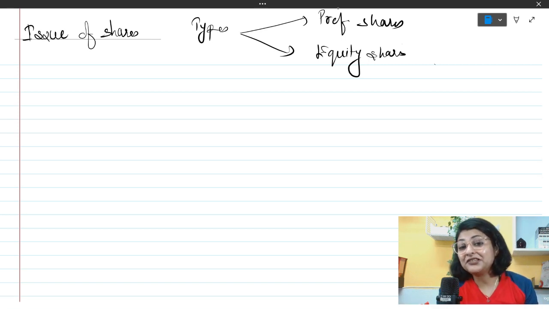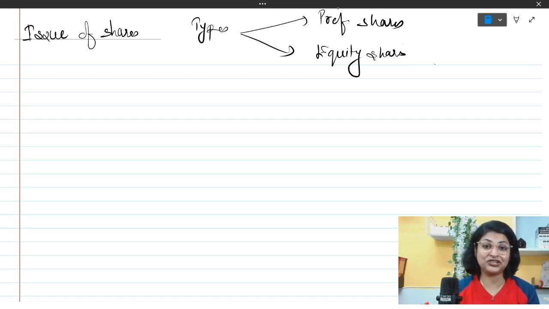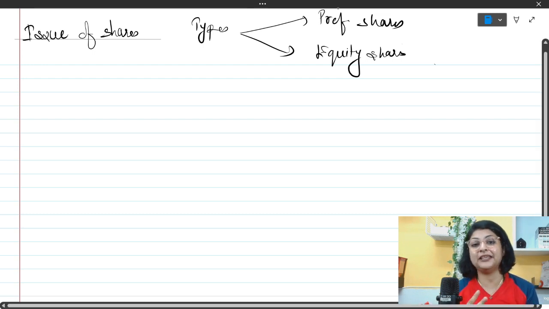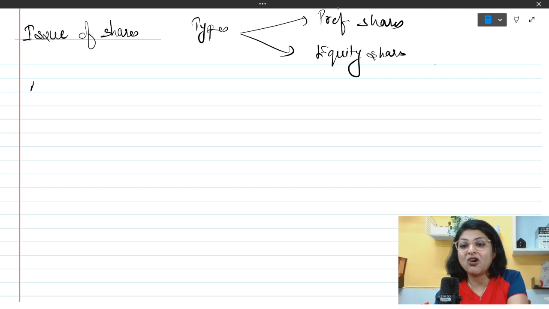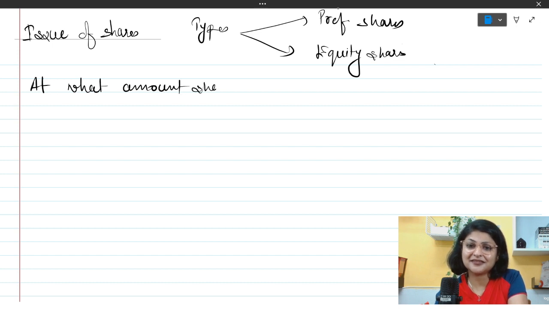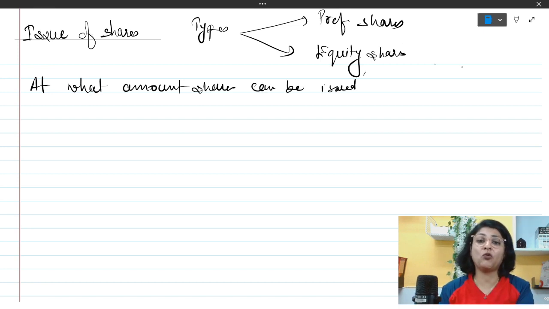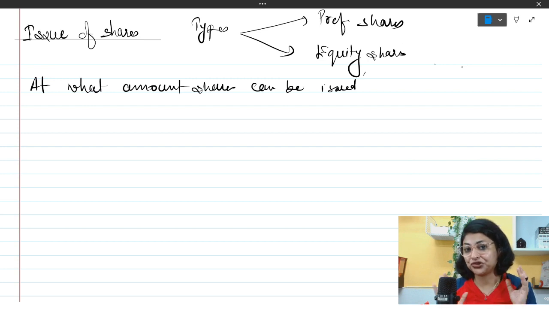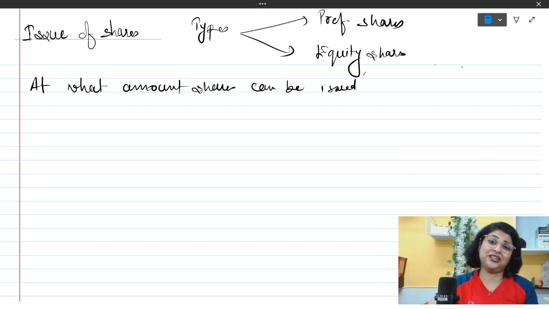Now, once we have understood the types of shares, preference share or equity share, let's see how the company can issue the shares, at what amount shares can be issued. We had dealt with this along with debentures also.